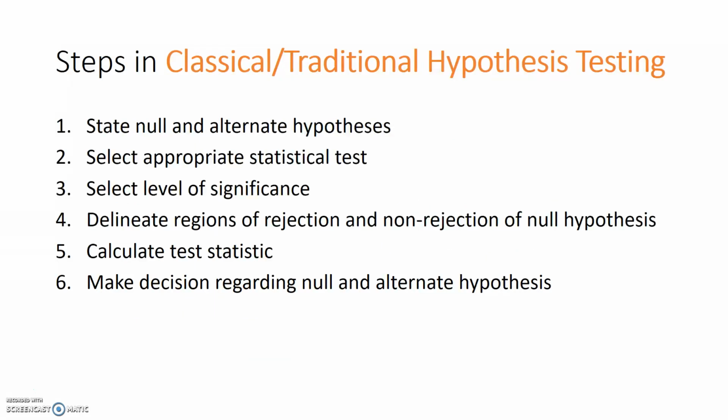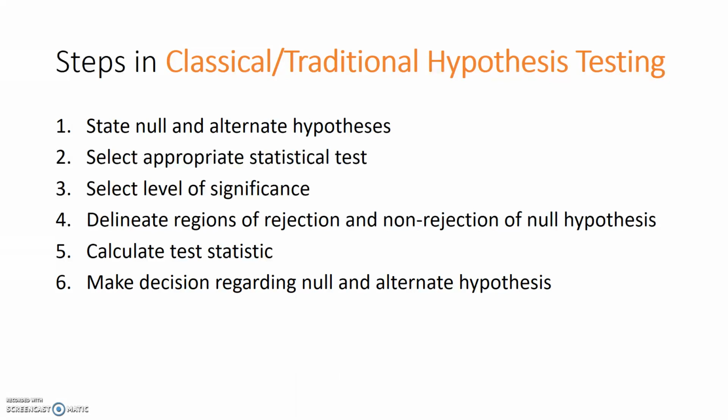So we've got 6 steps in what's termed classical or traditional hypothesis testing. And we start by stating the null and the alternate hypotheses. We select an appropriate statistical test. We select our level of significance. Then we delineate regions of rejection and non-rejection of the null hypothesis.